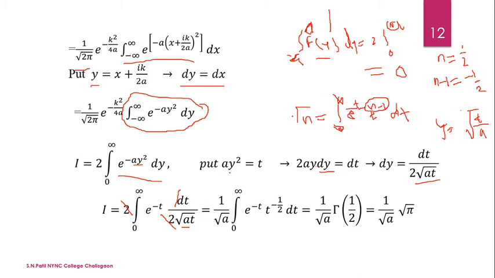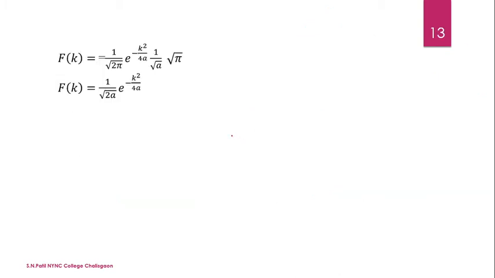Put n equal to 1 by 2, that is gamma of 1 by 2, and we know that gamma of 1 by 2 is root of pi. So put this value in the equation. Then root pi will get cancelled, and the simplification is 1 upon under root 2a e raised to minus k square upon 4a.